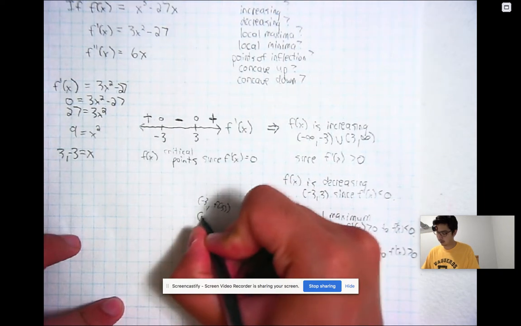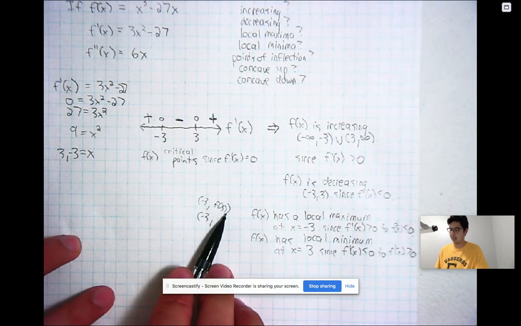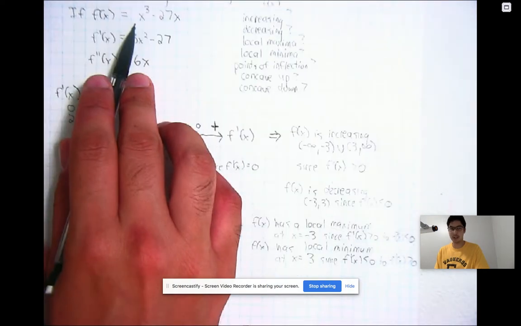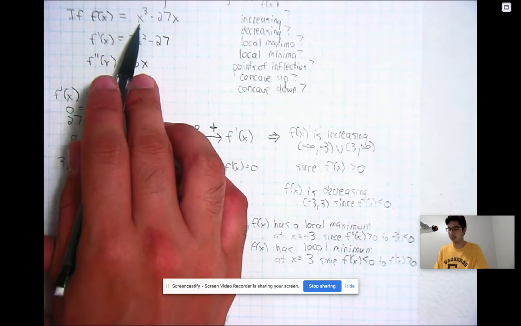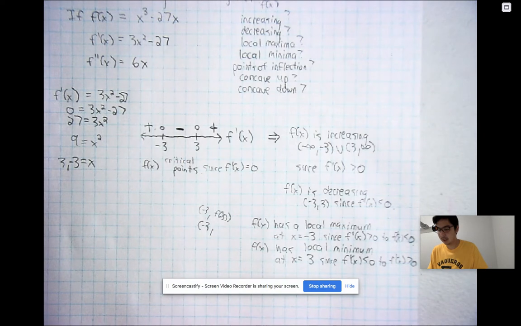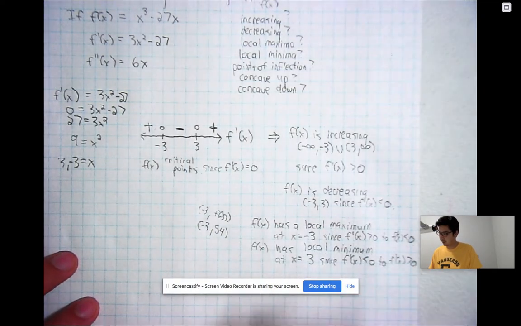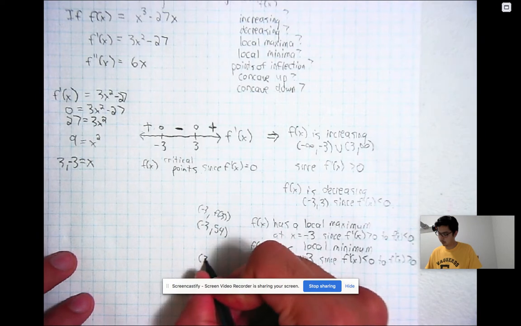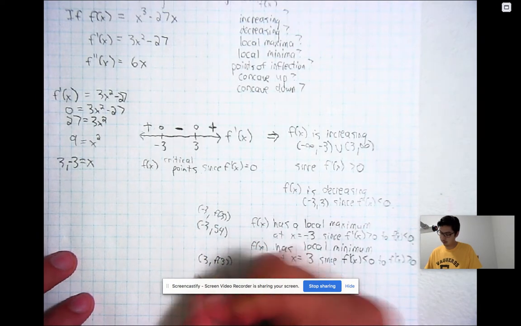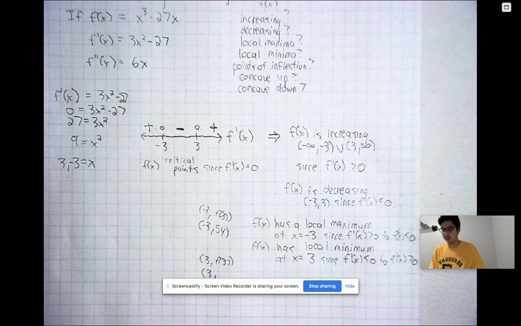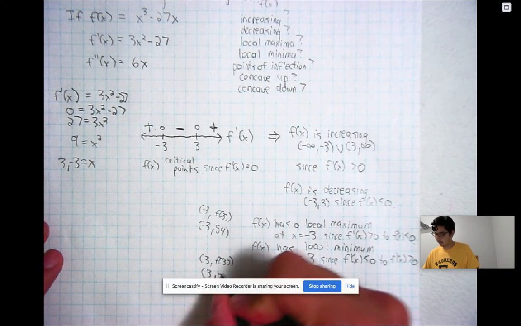You plug in -3: -3 to the third power would be -27, minus 27 times -3, which I'll use my calculator for. So at (-3, 54) is its maximum, and its minimum will be at (3, f of 3), which is 27 minus 27 times 3, which would be -54.